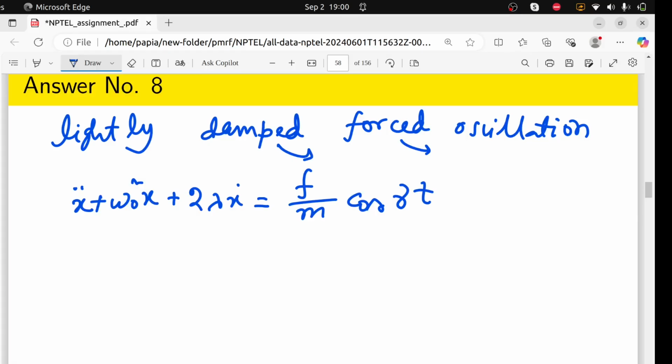Now here, lightly damped forced oscillation. Lightly damped means our damping is a little bit smaller.